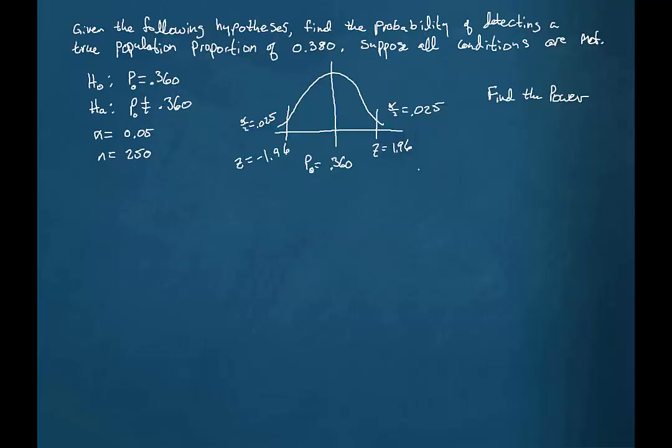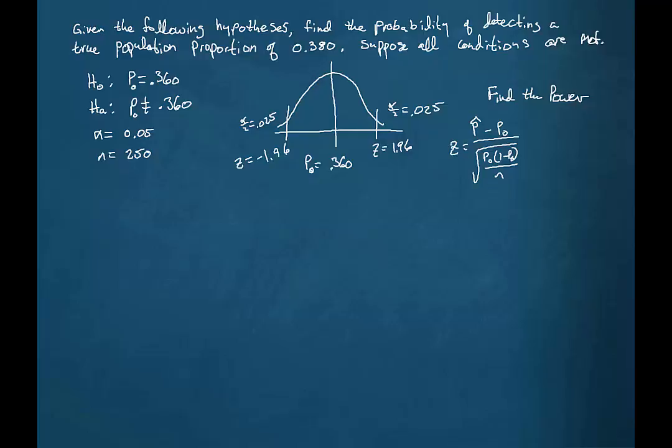And the first step in doing that would be to convert these z values to actual proportion values. And in order to do that, we would use this calculation. Z is equal to p hat minus p sub 0 divided by the square root of p0 times 1 minus p0 over n.